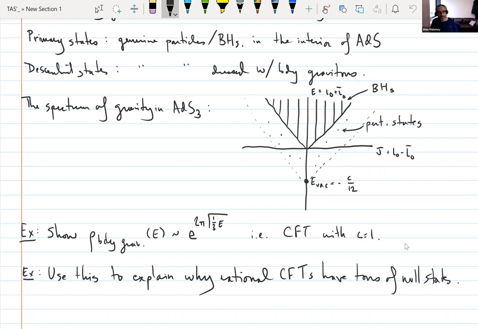But one thing you'll notice is that the number of boundary gravitons is vastly smaller than what would be required by semi-classical Bekenstein-Hawking entropy. So for example, if you were to try and think of these boundary gravitons as the analog of soft modes, and use them to explain black hole entropy, this would fail in AdS3.